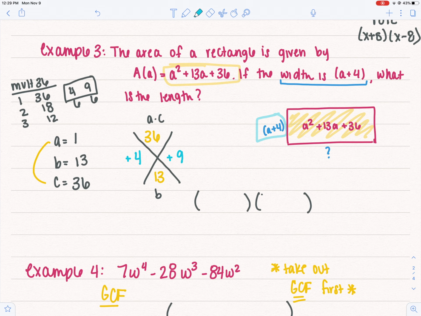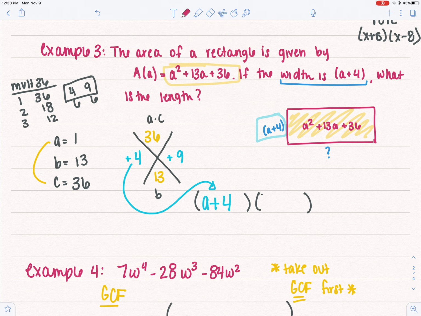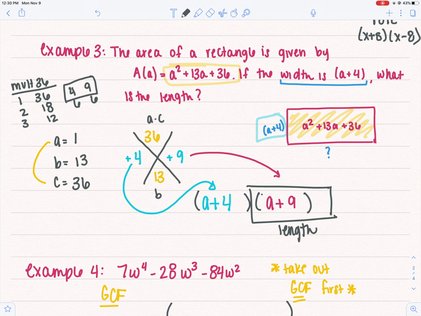A plus 4 is the width, which came from that one. The length, which is the unknown, would be A plus 9. And so A plus 9 would be the length, and that's what I'm actually looking for.